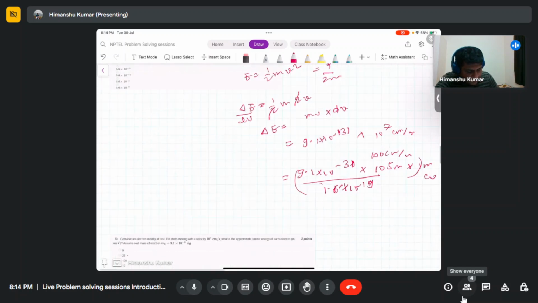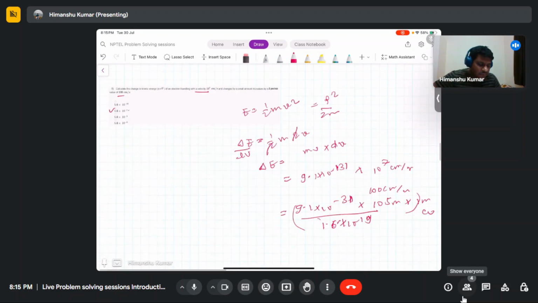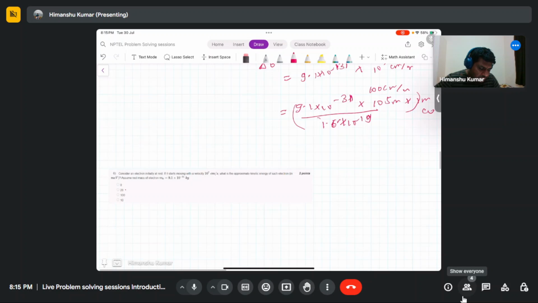The final answer is around 5.6 times 10 to the power minus 7 electron volt. See, an increase of 1 meter per second on a velocity of 10 to the power 5 leads to this much change, and the spacing between the energy levels in the above part is quite small compared to this change. Then you can assume the electron can be in any of those equally spaced levels.